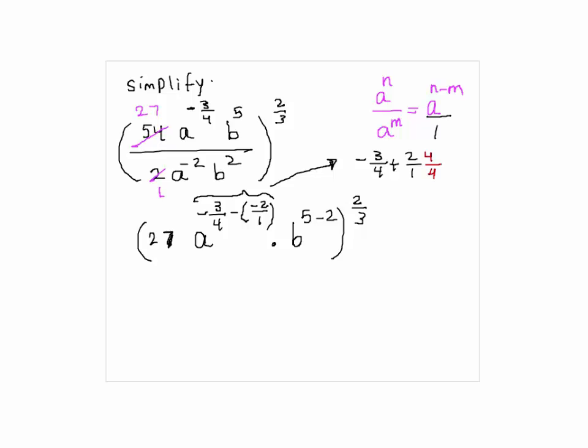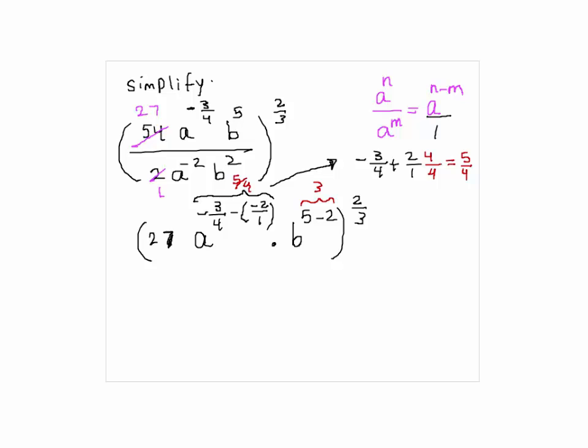That would be minus 3 minus 8. So it would be 5/4. So here we have to the power of 5/4. And then here 5 minus 2 would be 3.